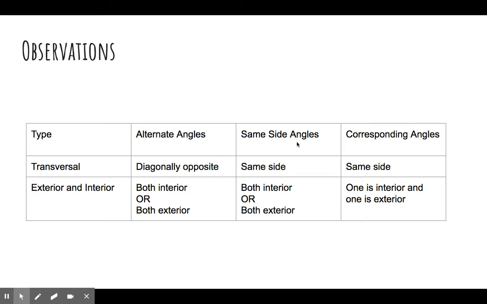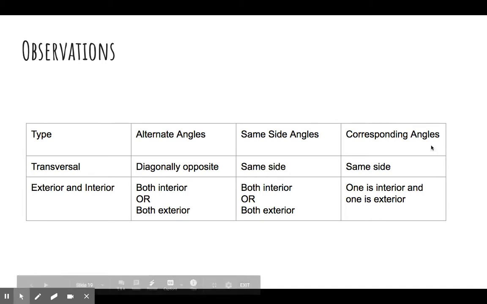Now let's look at same side angles. Same side angles have to be on the same side of the transversal, right? That's why we have the name same side. Again, they're either both interior or both exterior. Now, with corresponding angles, they are on the same side with respect to the transversal, but one is interior and one is exterior.